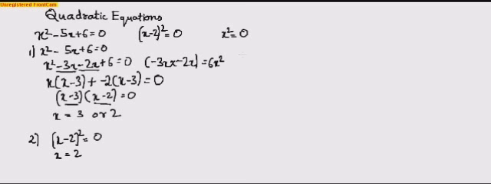For the third one, that is x square equal to 0, once again we have x equal to 0 as the solution. Now see, the problem here which we are having is that for this equation we had two solutions, but for this and this we have one solution only.